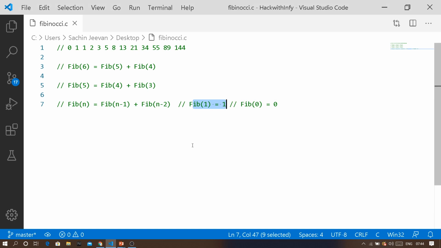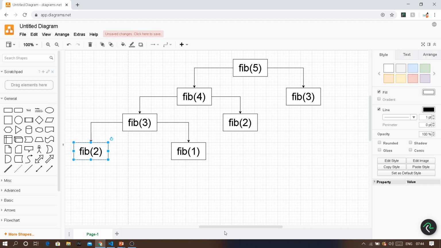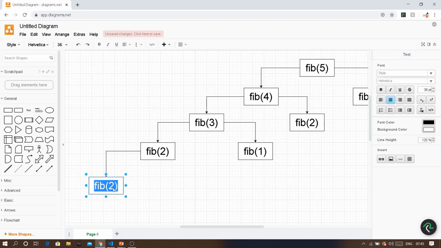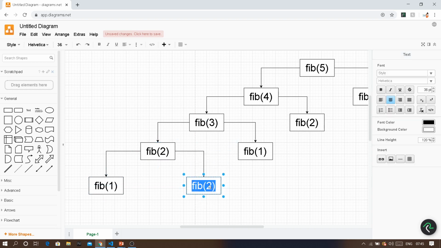You need not create a recursive structure for that. So Fibonacci of 1 stops here, but Fibonacci of 2 has to be expanded because we have not come to the end point of it. On the left side this is Fibonacci of 1, and on the right side this is Fibonacci of 0.